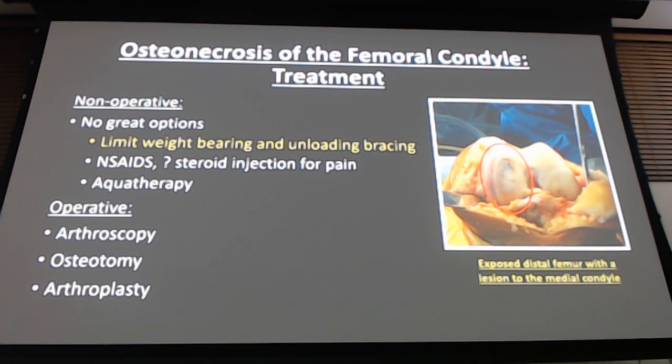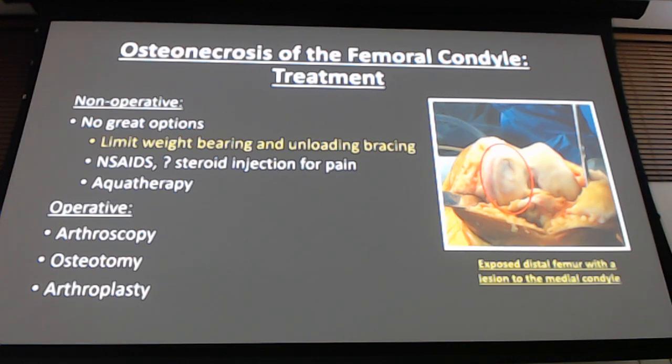Could chronic steroid use have caused this? Yes. Judicious use. If I were you in primary care, would I inject osteonecrosis of the medial femoral condyle? No. Let us make that decision in orthopedics. I just mentioned it because it's in your literature. It's in your textbooks even.